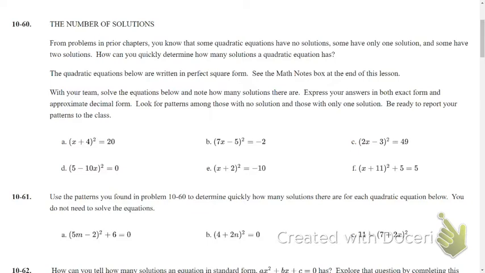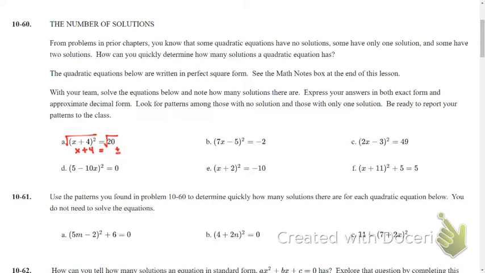Okay, so let's just do the first couple together, and then I'll have you do the other four on your own. So look at problem A. I have the quantity x plus 4 squared, and it equals 20. So to get rid of that second power, I've got to undo this. The inverse of squaring is square rooting. So I'm going to square root both sides, and that gets rid of my second power.